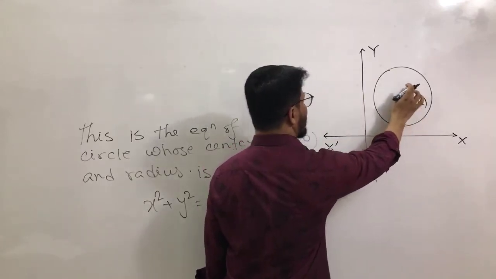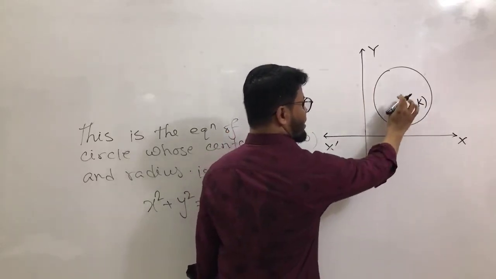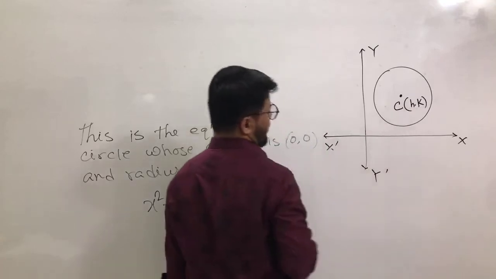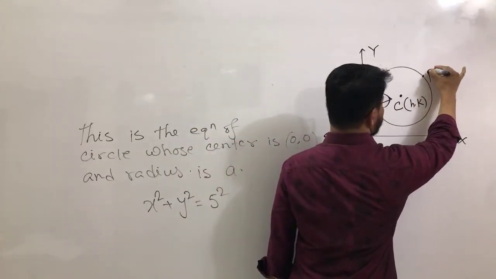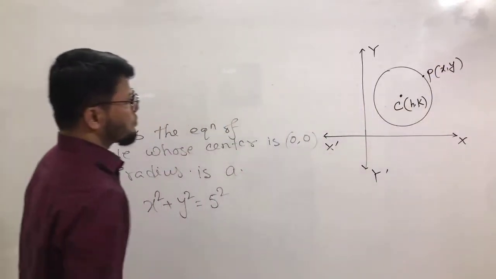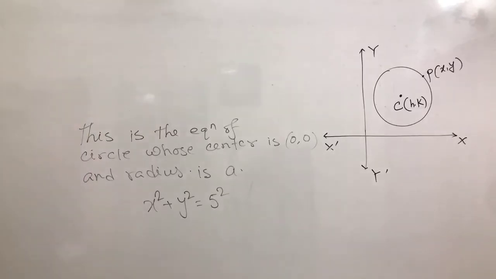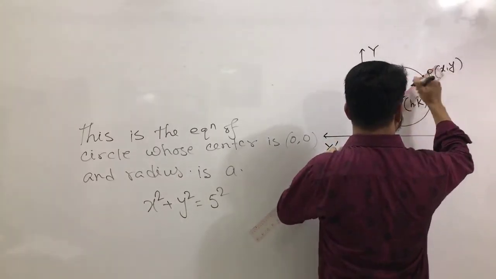It may be here or maybe here or maybe in the fourth quadrant or third quadrant, but center is not in the origin, and taking any point on the circumference of the circle which is x and y. And now find the radius between them. Like radius is CP.